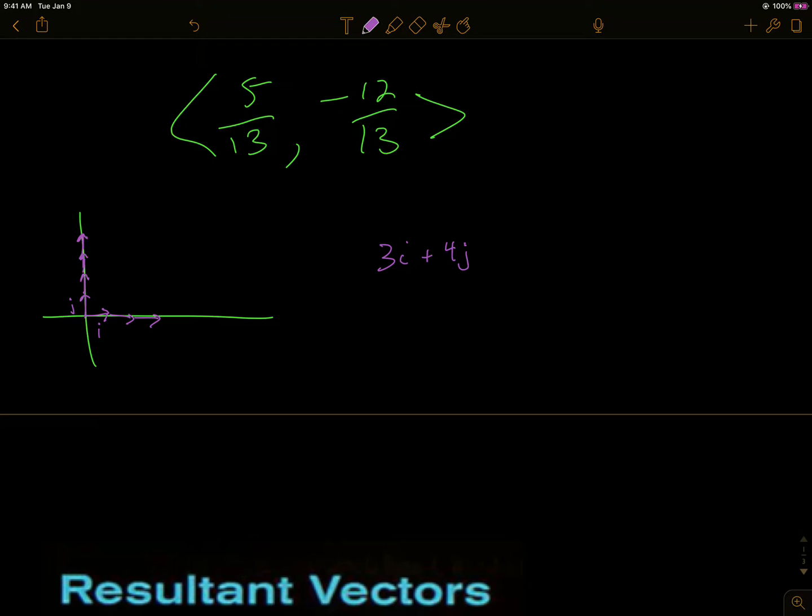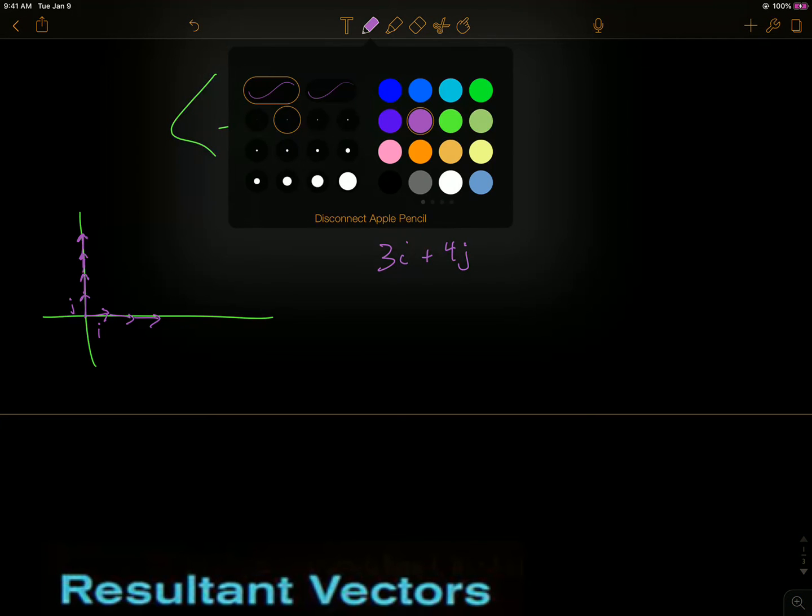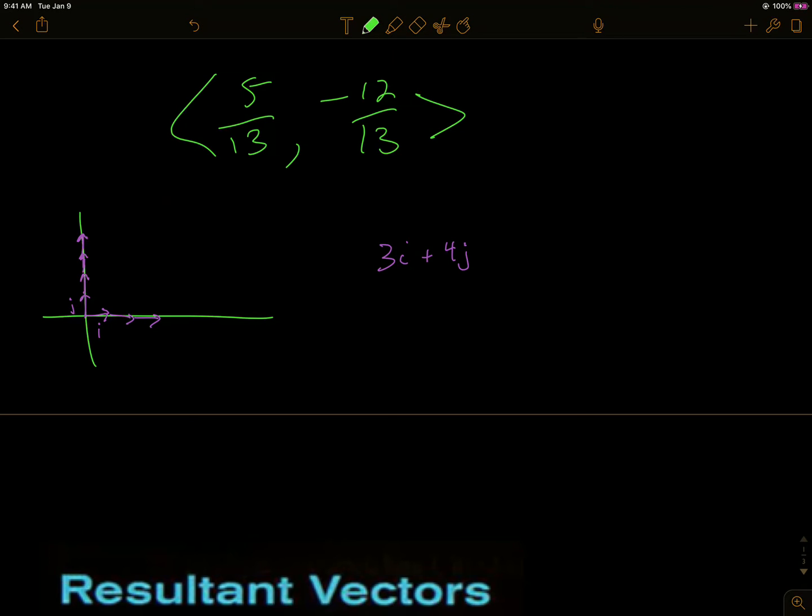If we add those together, we get 3i plus 4j. That would give us this vector: go over 3 i's, go up 4 j's. We would get that vector right there. That would be 3i plus 4j, giving us an alternate way to write a vector in component form. So we could write a vector as 3i plus 4j, or we can write that same vector as ⟨3, 4⟩.